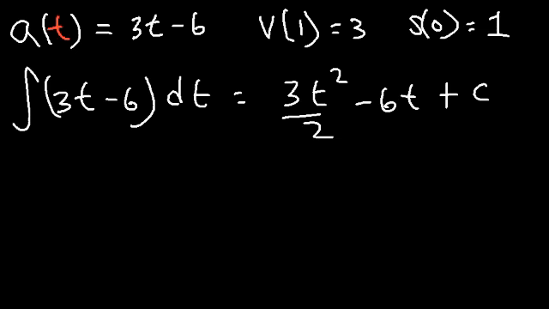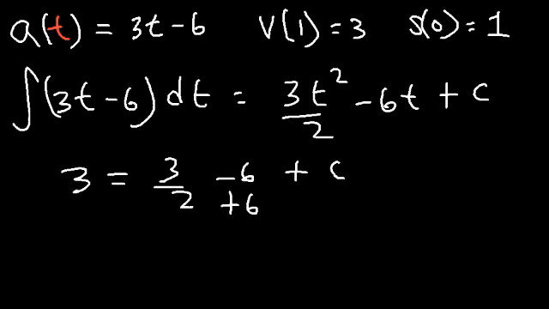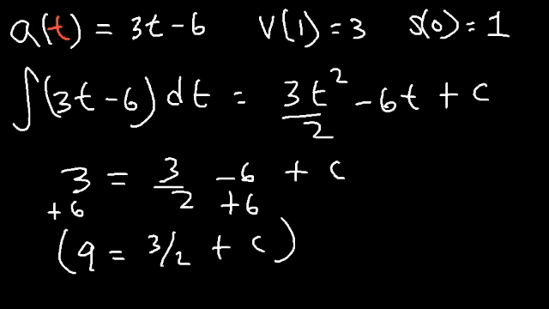So now let's solve for c. By the way, this is v of t. So the whole thing is going to be equal to 3, and we're going to replace t with 1. So this is going to be 3 over 2 minus 6 plus c. Now if we add 6 to both sides, we're going to have 9 is equal to 3 over 2 plus c. And now let's multiply both sides by 2. 9 times 2 is 18. 3 over 2 times 2 is 3.